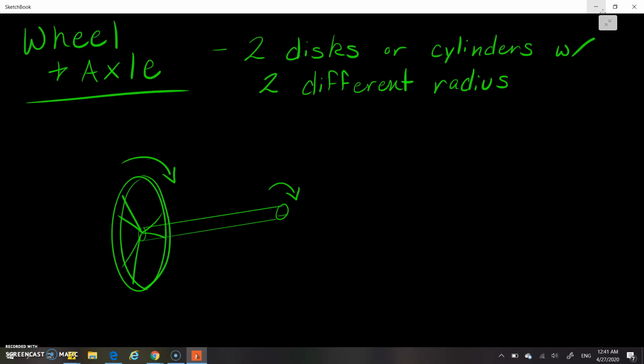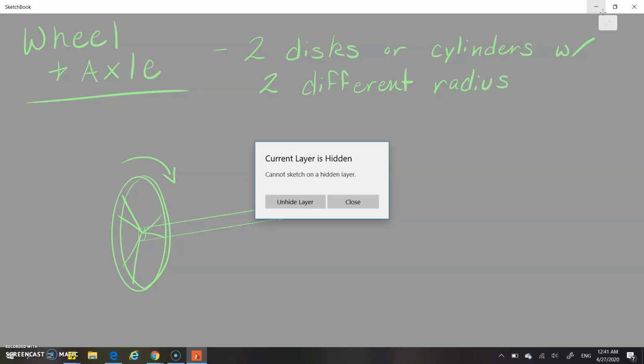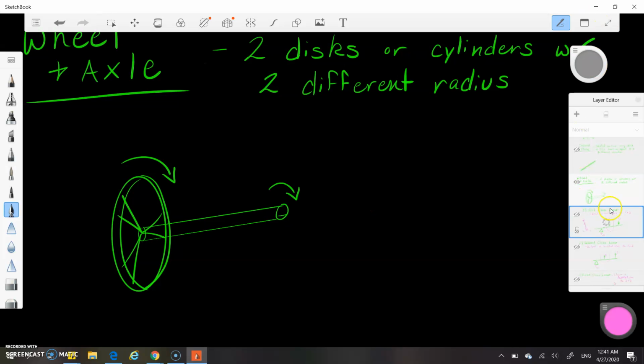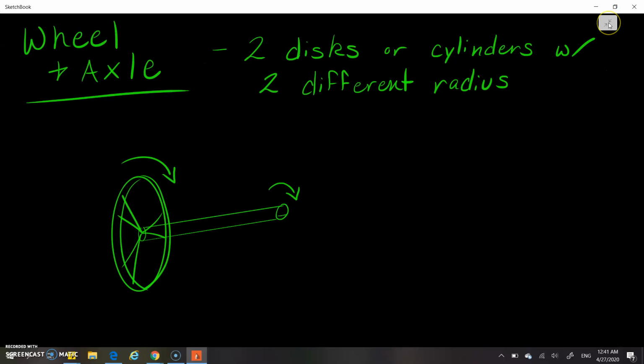So if you have the wheel of the car, you can rotate it. I have lost the mouse. There it is. My apologies, y'all. There we go. So when you are moving the wheel, like the steering wheel of the car, that is the input force, because that is what you are changing.